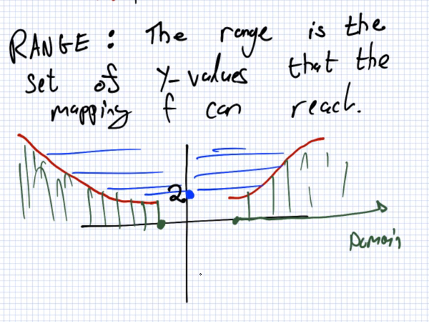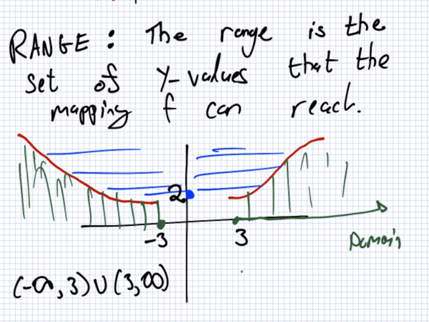So in this picture, maybe this is a minus 3 and this is a 3, the domain will be from minus infinity to 3 and then 3 to infinity. And then what would be the range? In my picture I'll make it open, I won't include them. For the range, it's 2 to infinity. That would be the range.